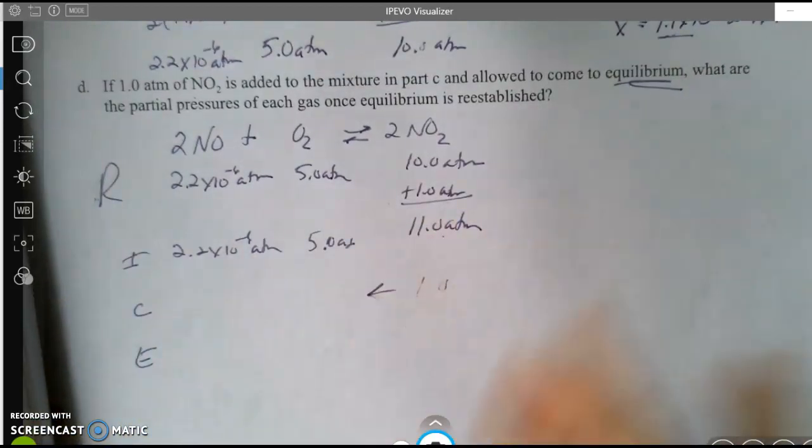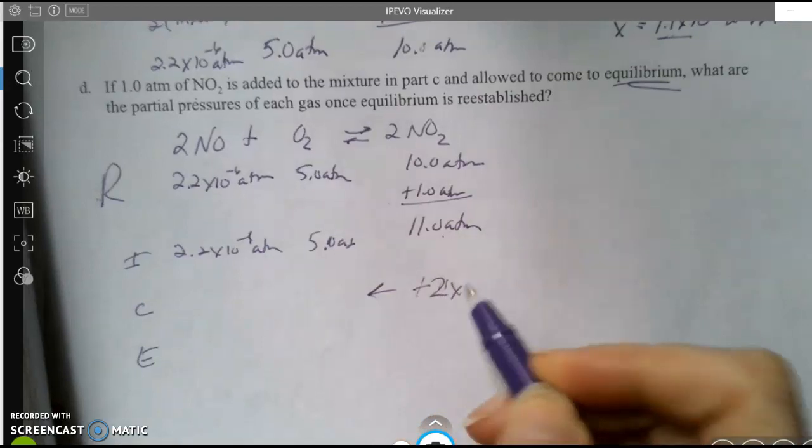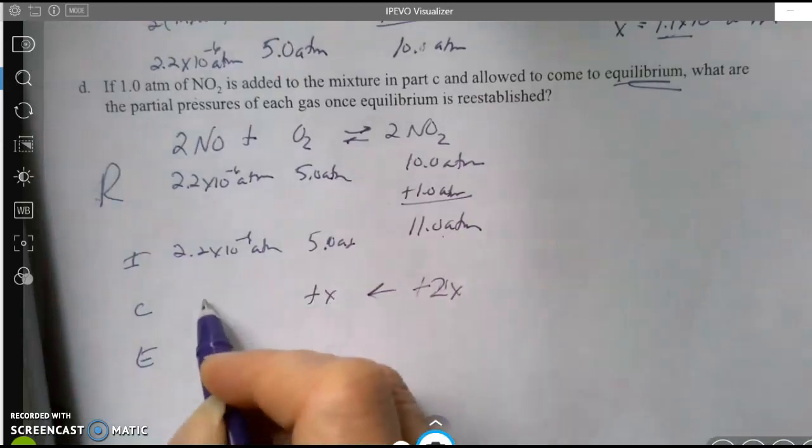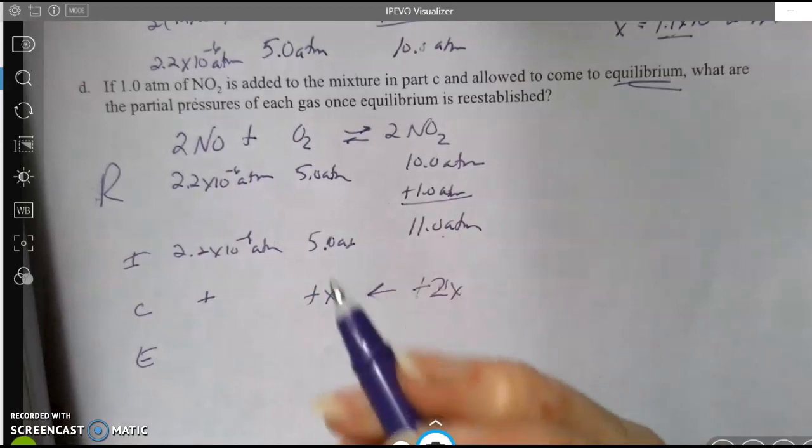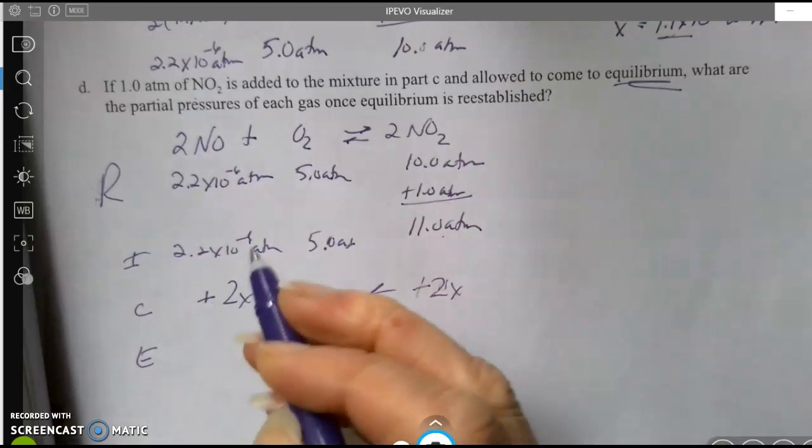So this is going to be minus 2x again, plus x, and then plus 2x.